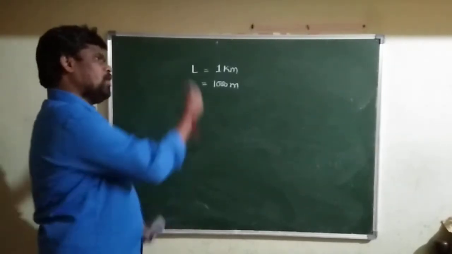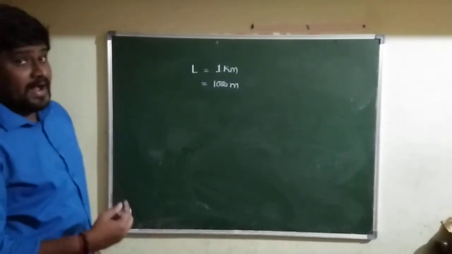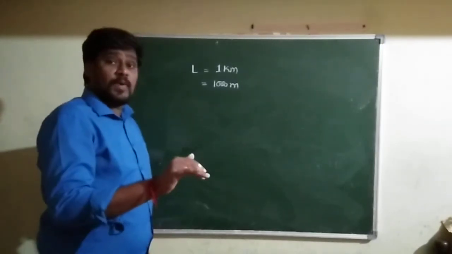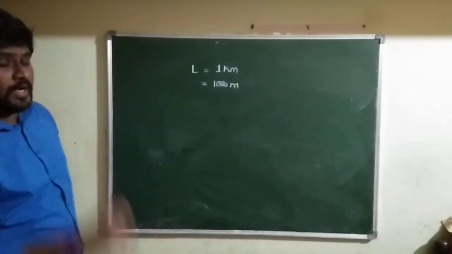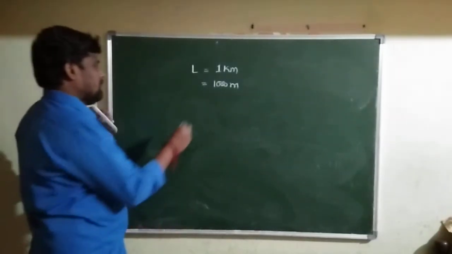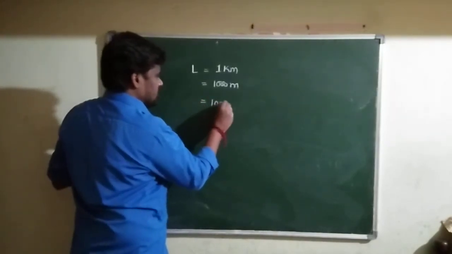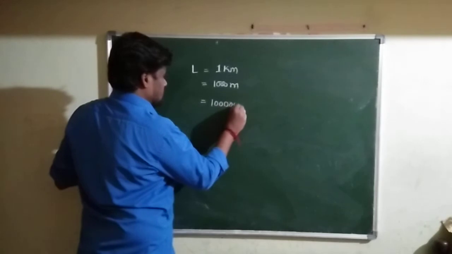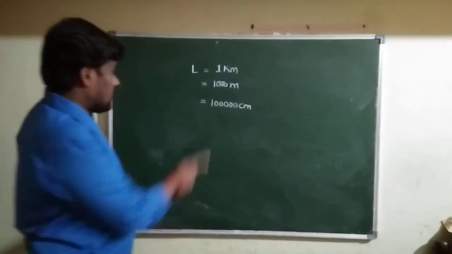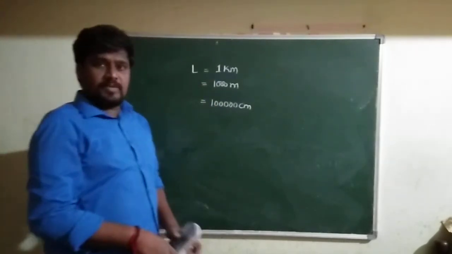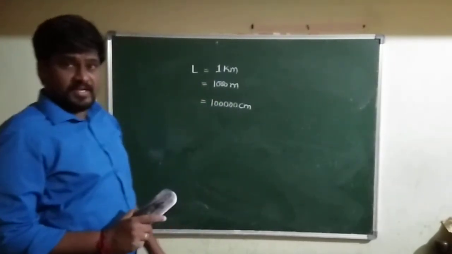You know very well, 1 kilometer is equivalent to 1000 meter, and 1 meter is equivalent to 100 centimeter. Therefore next I can write it as 1 lakh centimeter. Same value, because 1 kilometer is 1000 meter, and 1 meter is 100 centimeter.